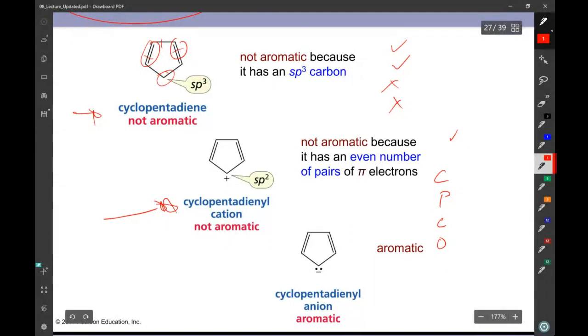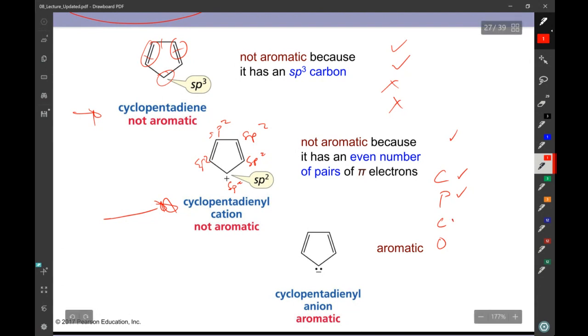So in terms of the cyclopentadiene cation, it is cyclic, it is planar, okay? Planar because this is sp2, this is sp2, this guy also is sp2, sp2, sp2. So all the carbons are sp2, that's why it is planar, okay?